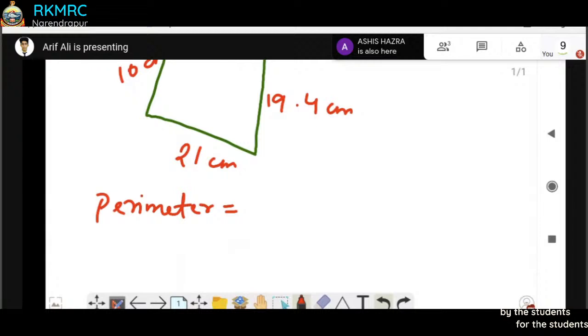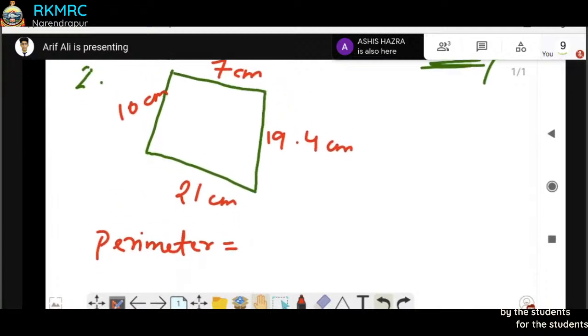So what will be the perimeter? Sum of all the sides. Sum of all the sides means 7 plus 19.4 plus 21 plus 10.